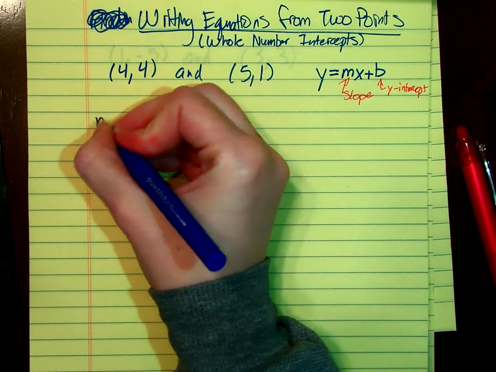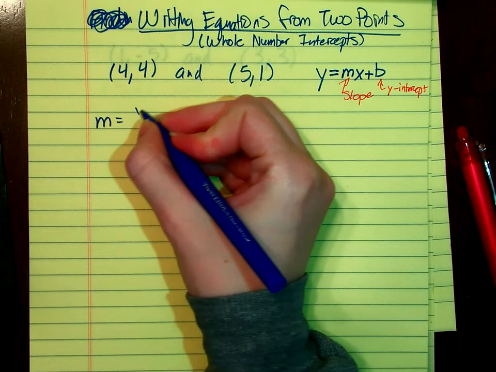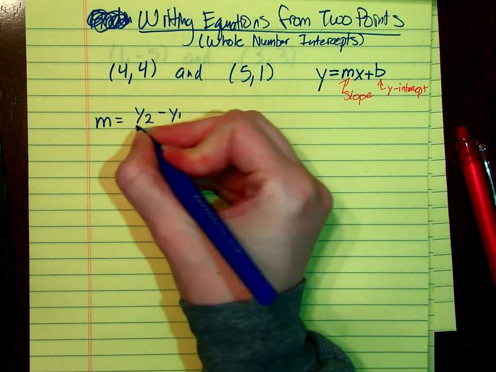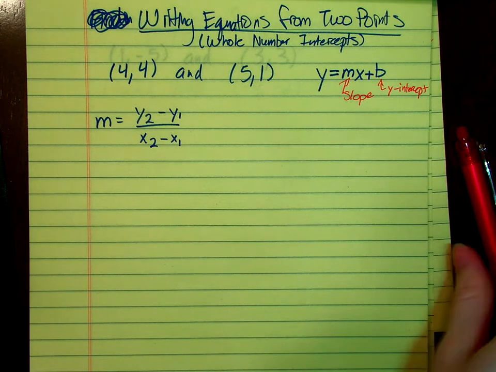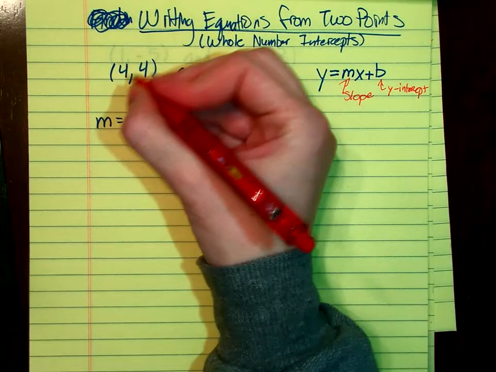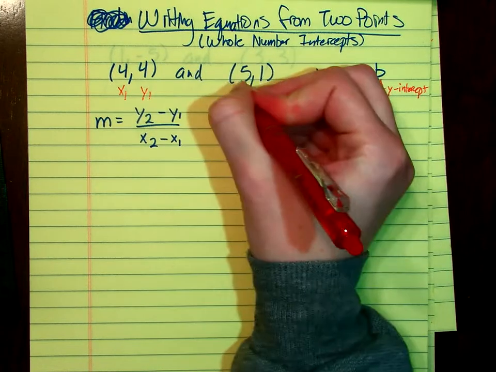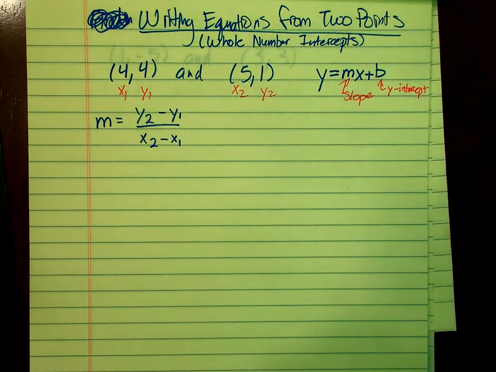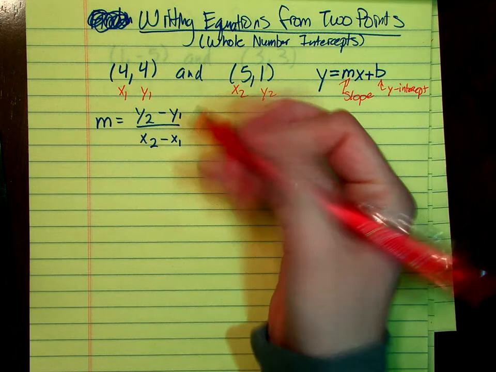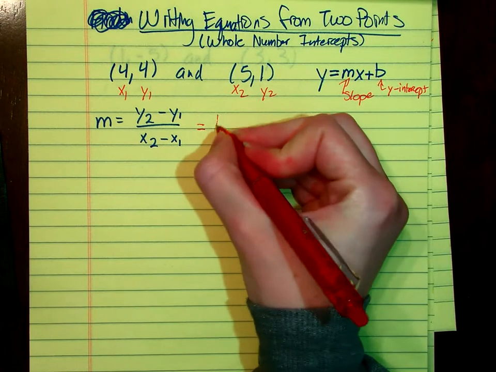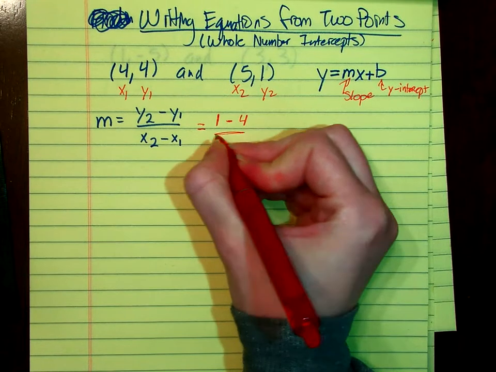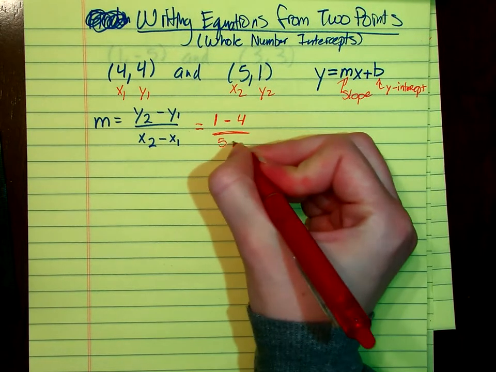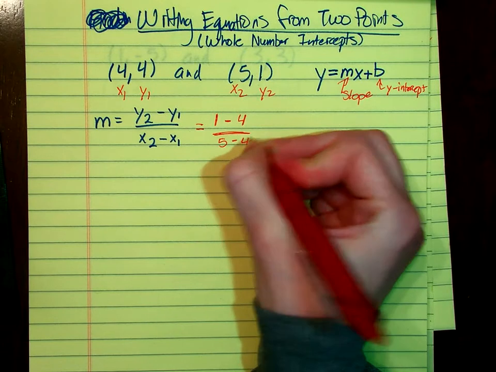So slope, our m, is always going to be y2 minus y1 over x2 minus x1. Let's go ahead and label everything we want to call. So we got x1, y1, x2, y2. Now let's go ahead and actually do out that subtraction. So then we've got y2 minus y1 over x2 minus x1.